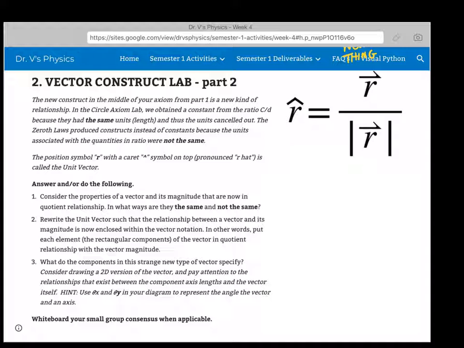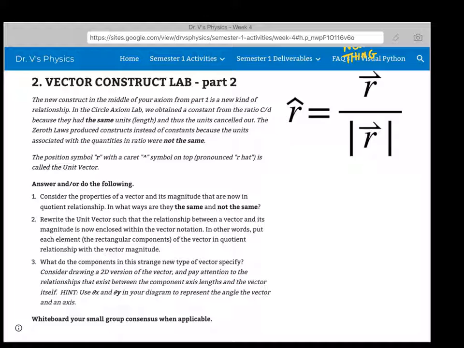And we have these ratios that I already said earlier what they are. So what trig ratio relates an adjacent side to its hypotenuse? Cosine. So cosine of theta would be the adjacent over the hypotenuse. And that means this component would be the magnitude of the vector times cosine of theta.